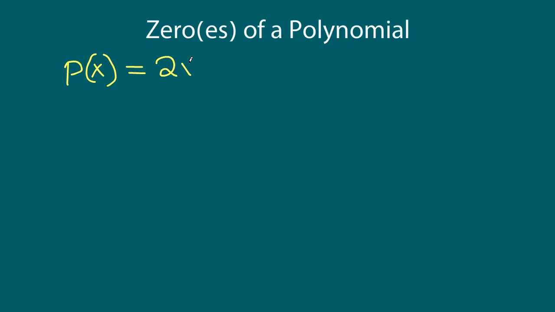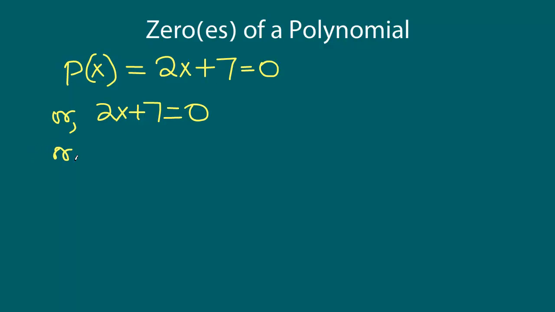Maybe let's say 2x plus 7. If this is a polynomial, how do we find the zero of this polynomial? Well, we will simply equate this to 0, so we have 2x plus 7 equals 0, and we take the 7 to the other side. We get 2x equals minus 7, and now we divide both sides by 2.